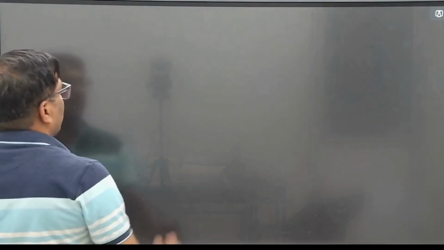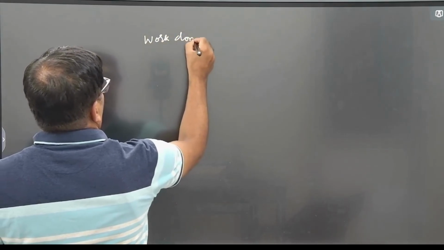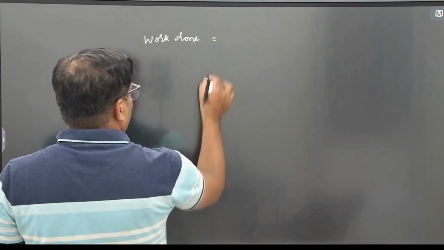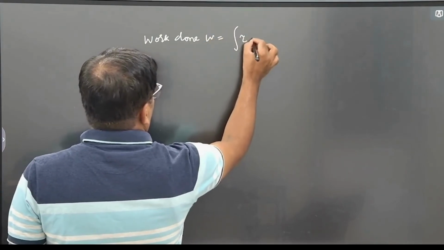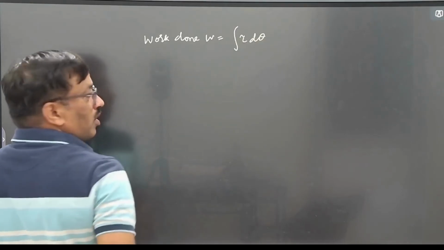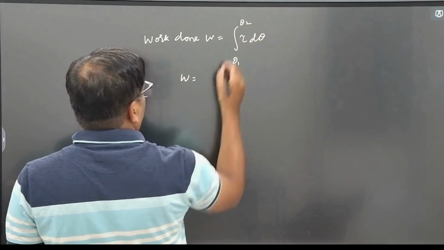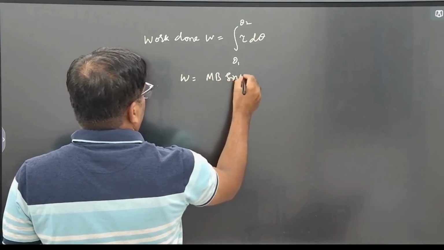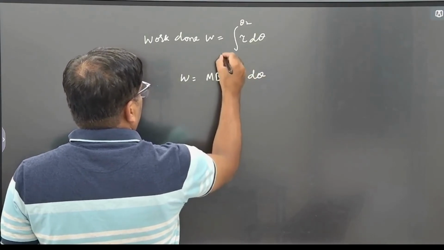What is the work done now? Work done in rotating a coil. The rotational work done is work equals integral of tau into d theta. So the work done from theta 1 to theta 2: torque is nothing but mB into sin theta into d theta, integrated from theta 1 to theta 2.